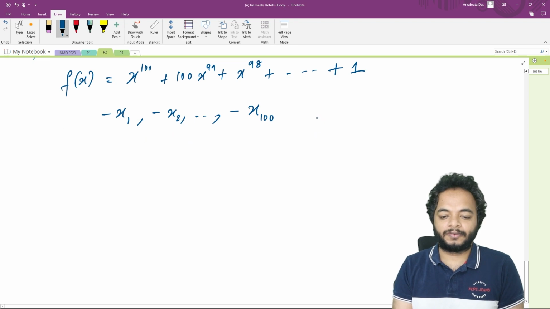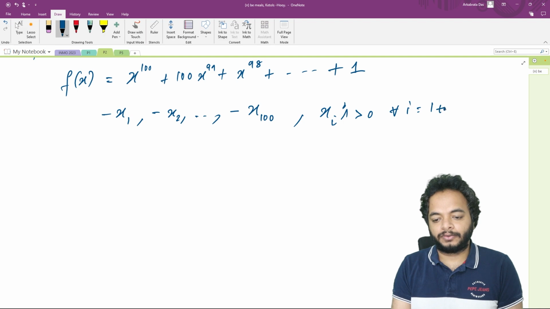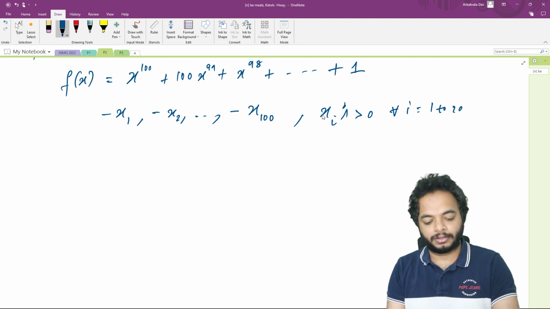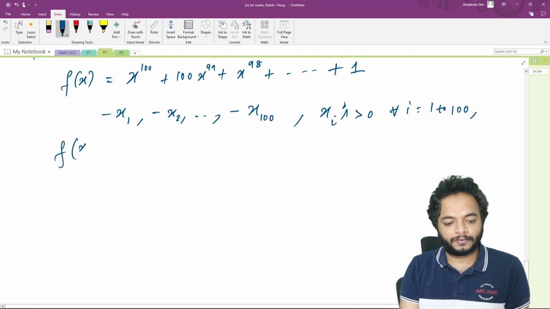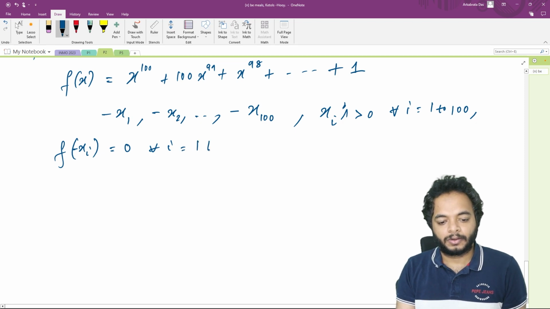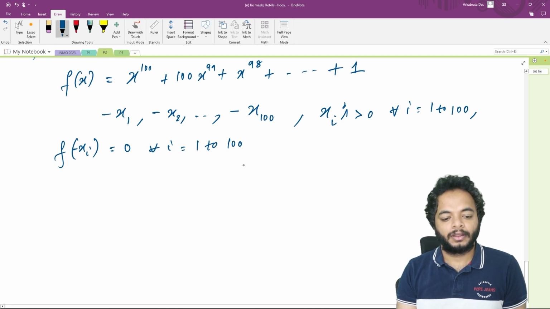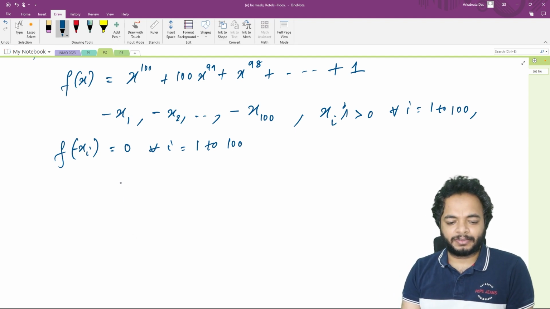These are the roots of f of x, and xi's are strictly greater than 0 for all i going from 1 to 100, and f of negative xi is equal to 0 for all i going from 1 to 100. So then again let's apply the AM-GM inequality.